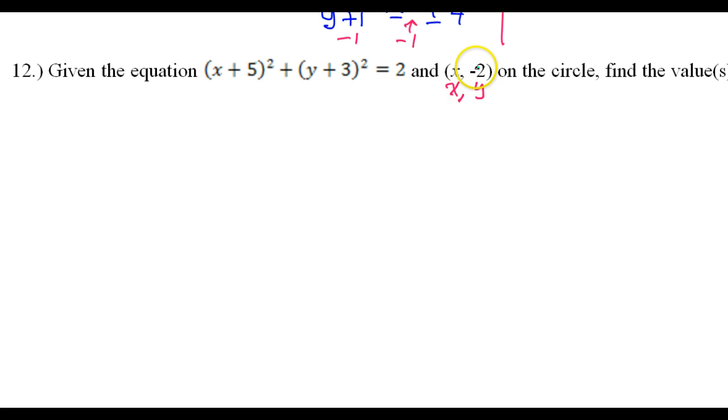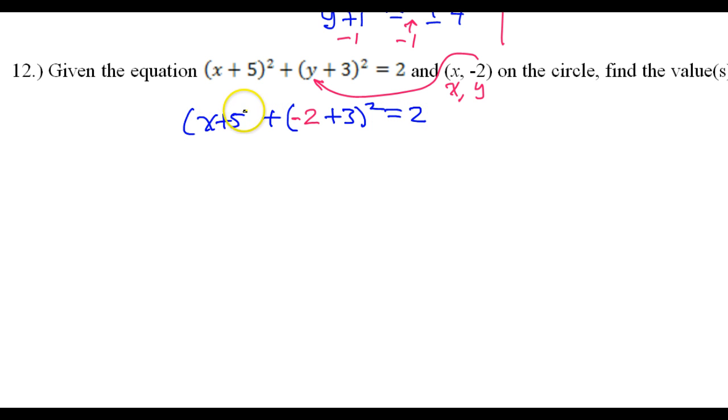So I'm going to take this y value of negative 2 and I'm going to plug that in, right there. So I've got this negative 2 sitting there. So that's going to give me negative 2 plus 3 squared equals 2. I'm just putting in negative 2 for y.